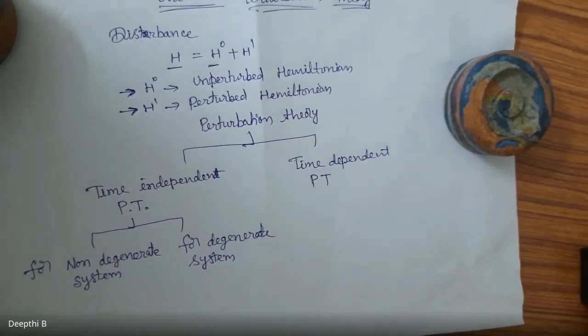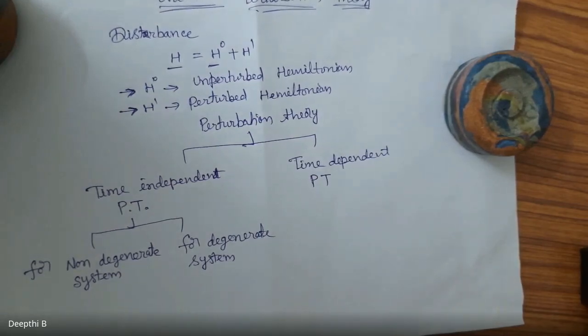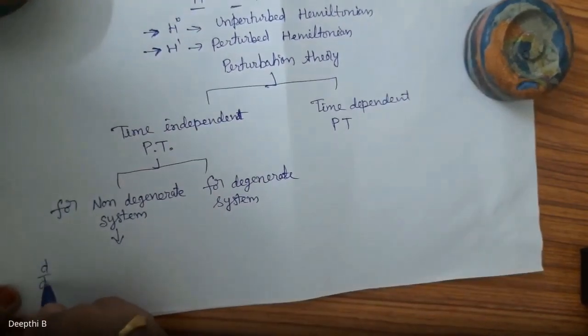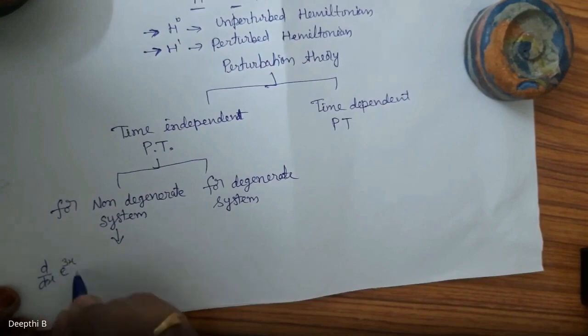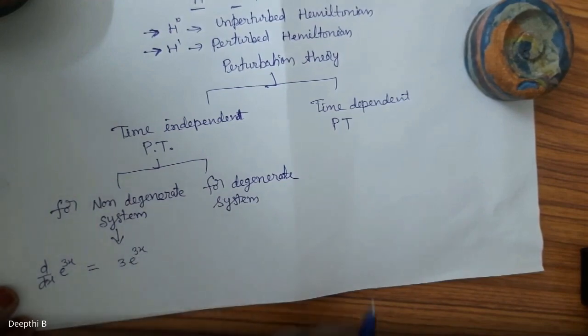As I already told you, corresponding to an energy level, eigenvalue, there is only one wave function. So the system is known as non-degenerate. I will give an example using an operator, d by dx. If we apply this operator on e to the power 3x, what is the differentiation of e to the power 3x? It is 3e to the power 3x.